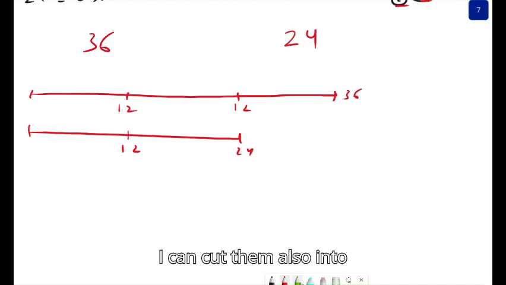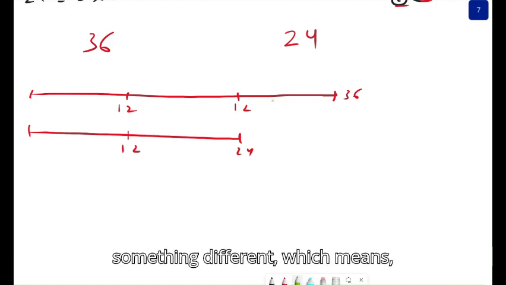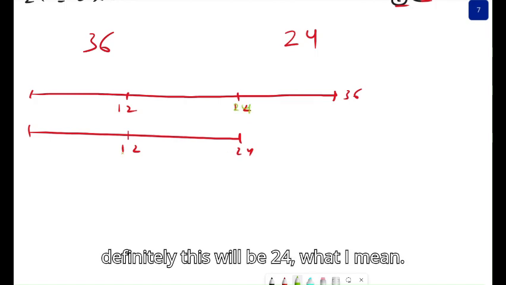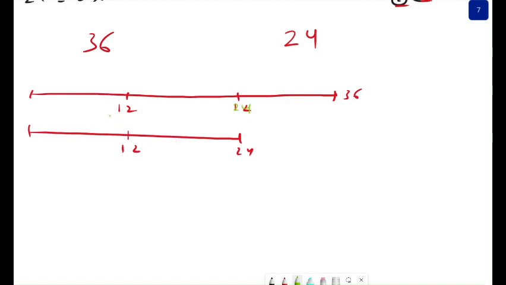I can cut them also into something different. I can cut them into 6. 6 here, 18, 24, 30, and then 36. So that's 18, that's 6, starting from 0.